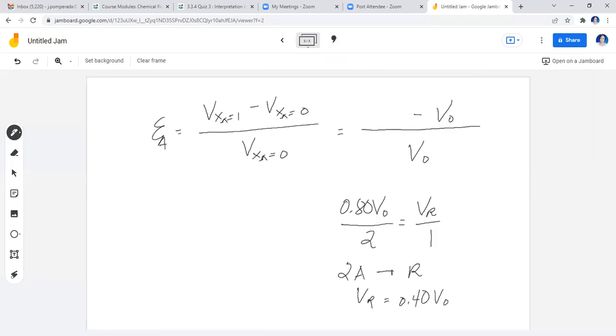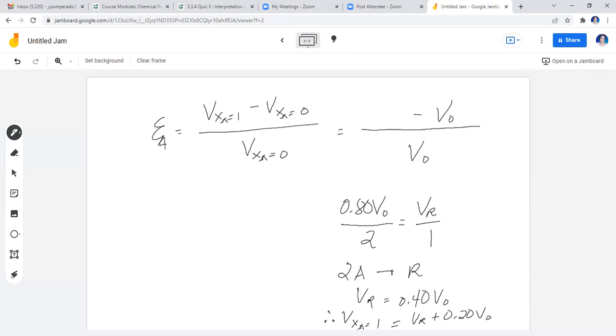Therefore, the total volume of your system at 100% conversion of A, where all the A is now converted to R, will be equal to this one plus that part which is due to the impurities or the inerts.